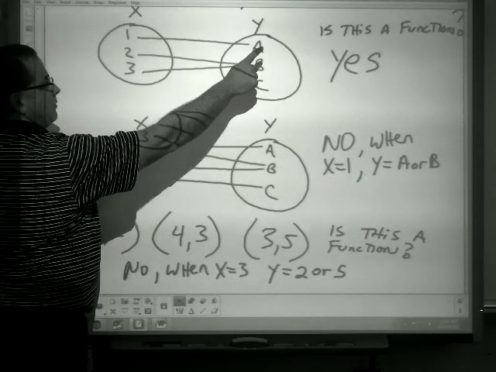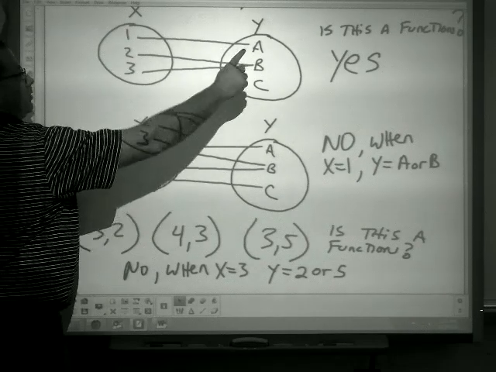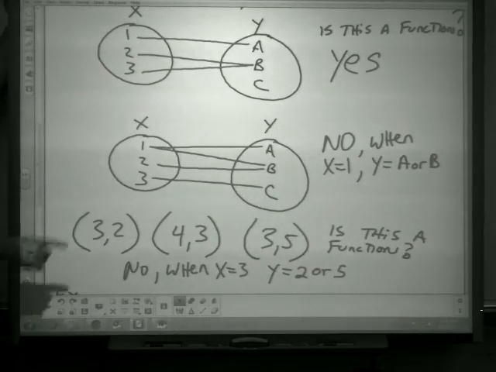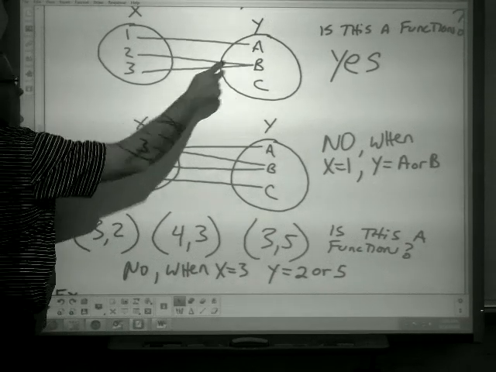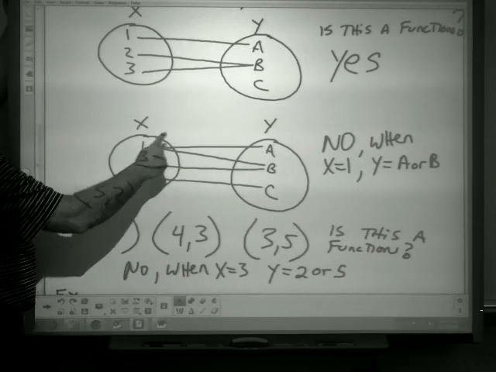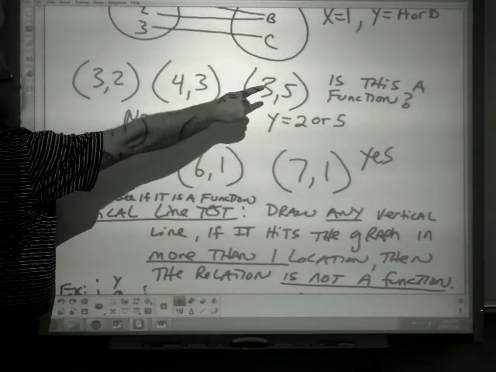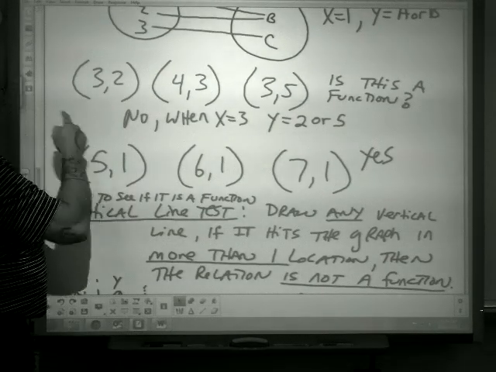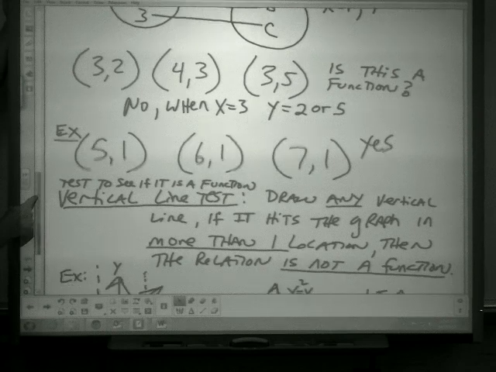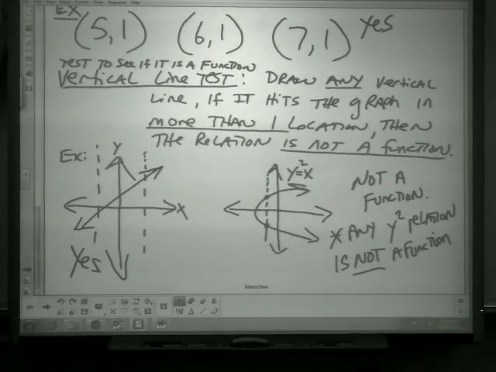It doesn't matter if it's the same y, like 2 and 3 go to the same one, it's still okay, as long as if I say x is 2, I know what the answer is. Here, not, right? We looked at it if there were coordinate points, sometimes no, sometimes yes. And then we also looked at the vertical line test. So this first part's just about, are they functions, yes or no, and how can we tell?